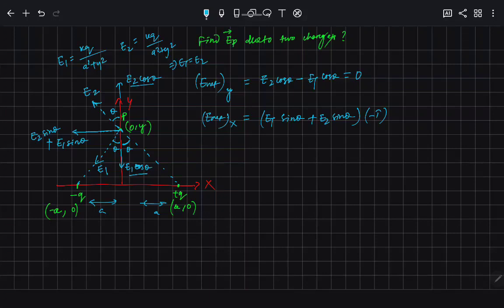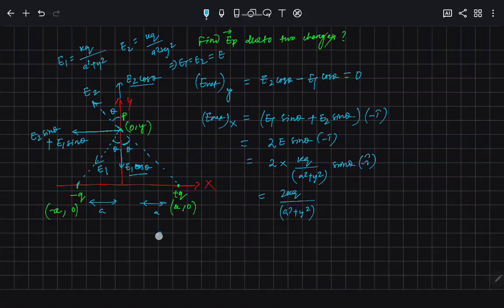Since E1 equals E2, I can simply write 2E sin theta in the minus i cap direction. E will obviously be kq divided by a square plus y square, so this is 2kq divided by a square plus y square, into sin theta.